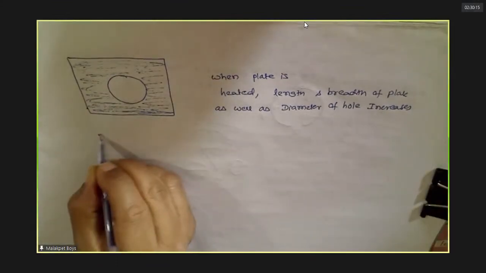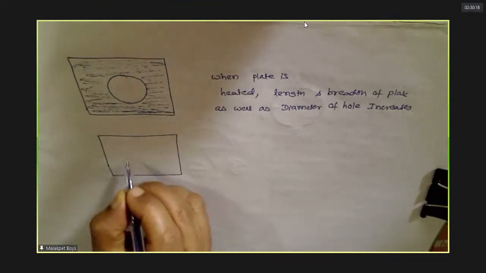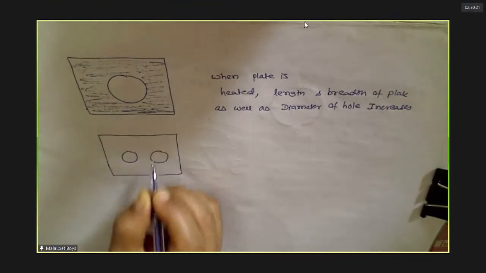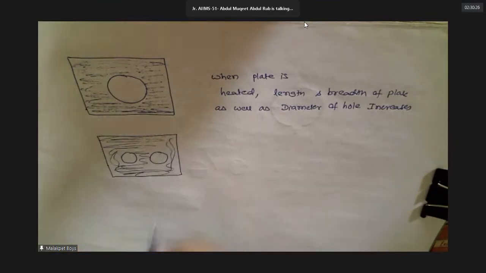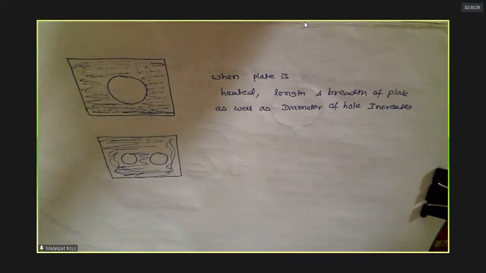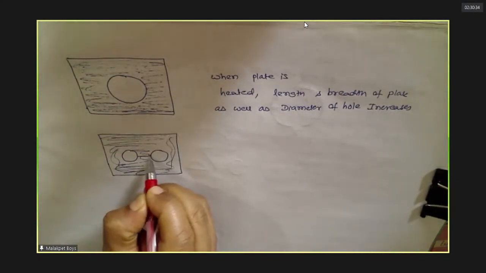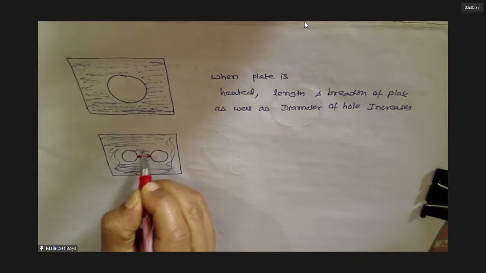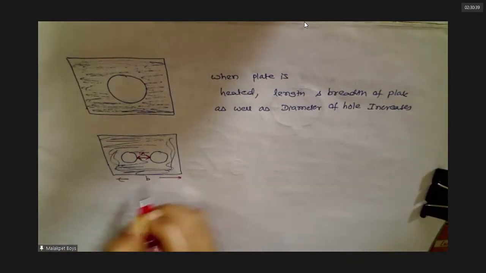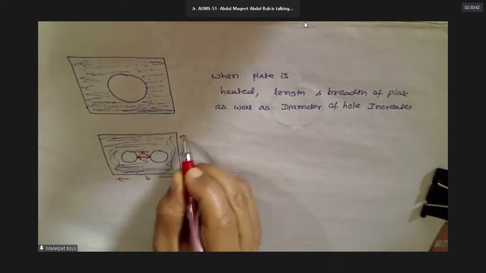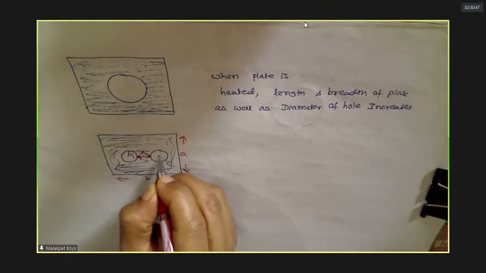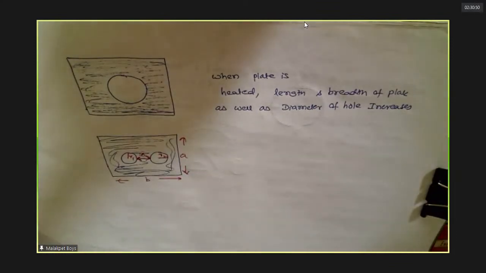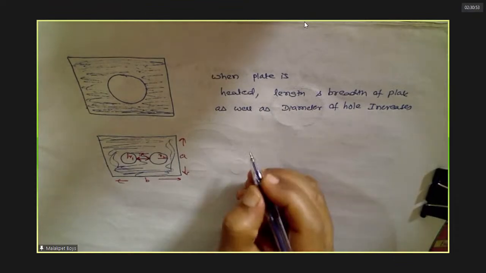Now, if there are two small holes like this, both of them will increase, before they meet with each other, they'll meet with each other. That is the reason why I give so many examples. This distance will also increase, no, hopeless fellows. The distance will also increase. Sorry, sir. 100 times, and this is the mistake. That's why people will feel the exam is difficult, no? Exam is easy only. Suddenly at that moment, you'll do some error. Here, what are all increasing?